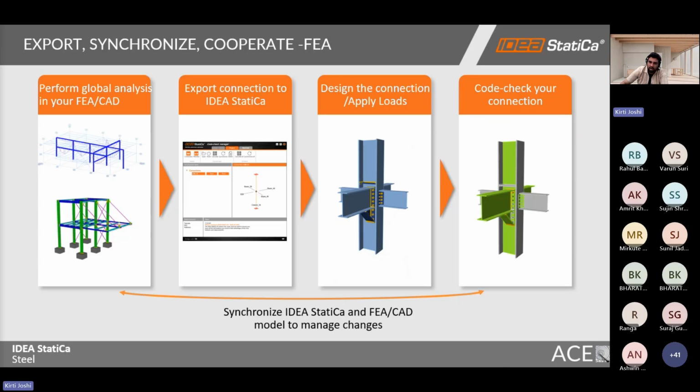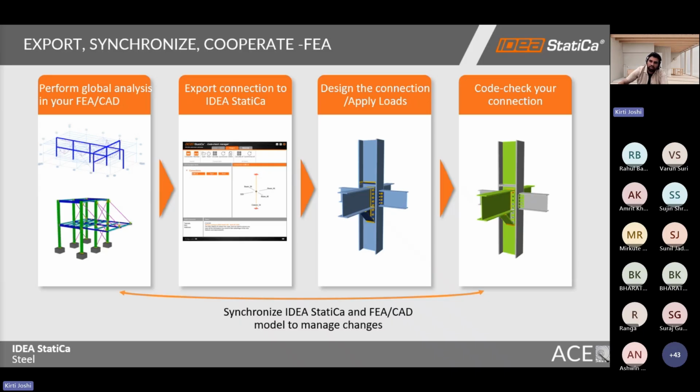This is regarding how you can import connections from any of your finite element analysis software to IDEA StatiCa. If you want to import your connections from ETABS or STAAD to IDEA StatiCa, then you can use this feature. Basically, IDEA StatiCa has a feature called Checkbot, which will automatically generate the internal forces for your joint from the applied forces in your global analysis software.